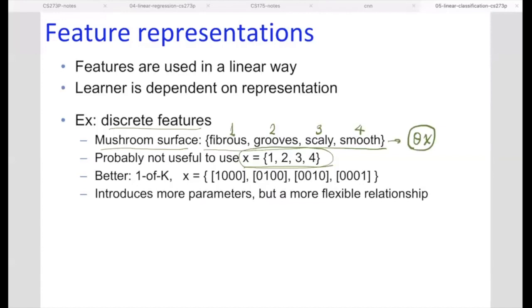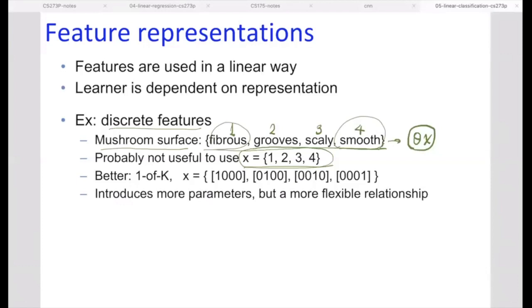Because you assign 1, 2, 3, 4 here, essentially if your surface is described by smooth, you're going to give a higher score than a surface described by fibrous, if theta is positive. So as you can see, inherently you assume there's some ordering information associated with the surface features. But in reality, those features are just categorical, and there's no ordering information associated with them.